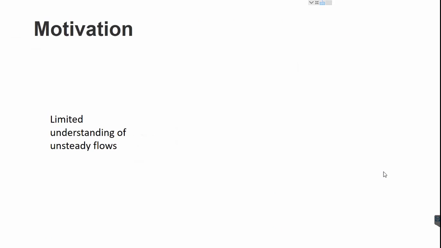And there aren't many more studies showing us more physics of unsteady flows. So this leads us to the motivation of our work, because we have right now a very limited understanding of unsteady flows. And these flows are very important not only in industry, but also, for example, when we have pulsatile flows in arteries.